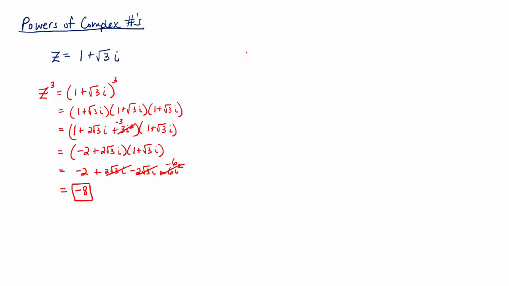But in your classwork, you realized that if you changed this from a plus bi form into trig form, and this number in trig form happens to be 2 times the quantity of cosine pi over 3 plus i sine pi over 3. If you need help finding where that came from, just watch the video previous to this one, how to go from a plus bi form into trig form.